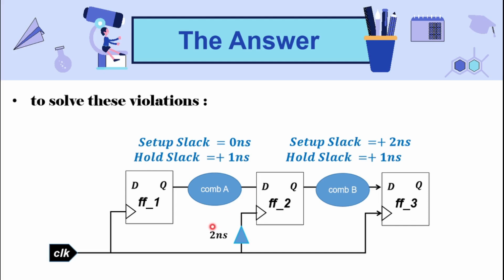So these two solve setup variation for the first path and hold variation for the second path, and don't cause any harmful effect and don't affect the hold time of the first path or the setup time of the second path.